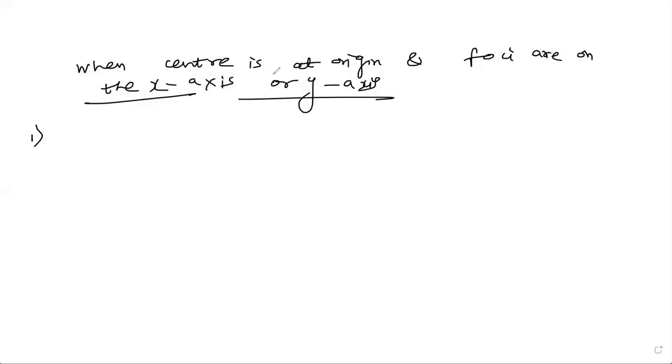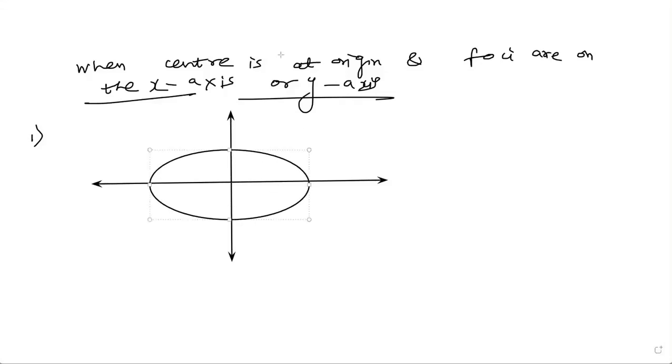For that, we first have to see the figure so that it becomes clear to all of us. Suppose these are the two axes, and suppose the ellipse is oriented in this way. Let me mark the points as A and this one as B, this one as C, this one as D, just to understand.